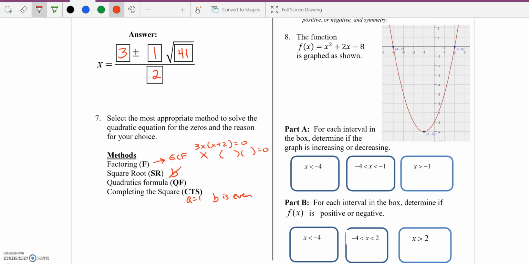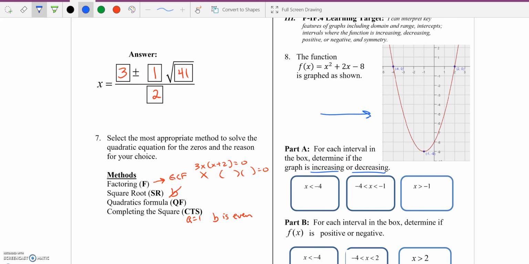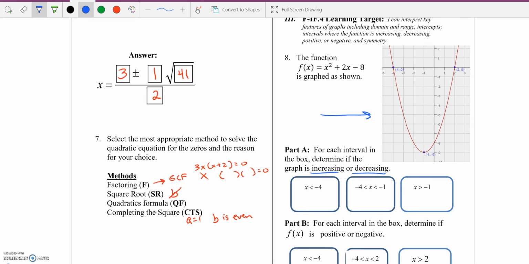And then inside each box for part A, it says for each interval on the box, determine if the graph is increasing or decreasing. So when we talk about increase versus decrease, we always read the graph from the left side going across to the right side. So when it says x is less than -4, we're looking at from -4 on the x-axis, so that's here, and we're looking at anything left of that, so anything on this side.